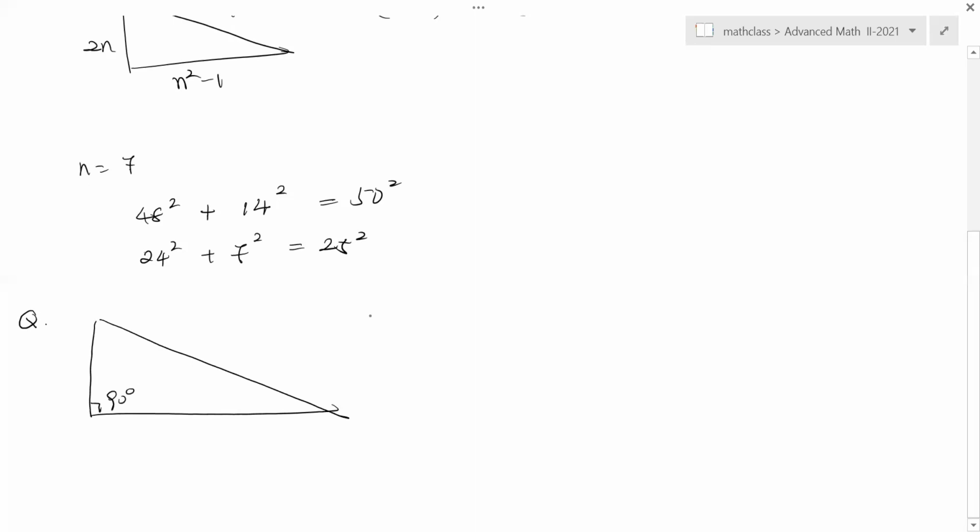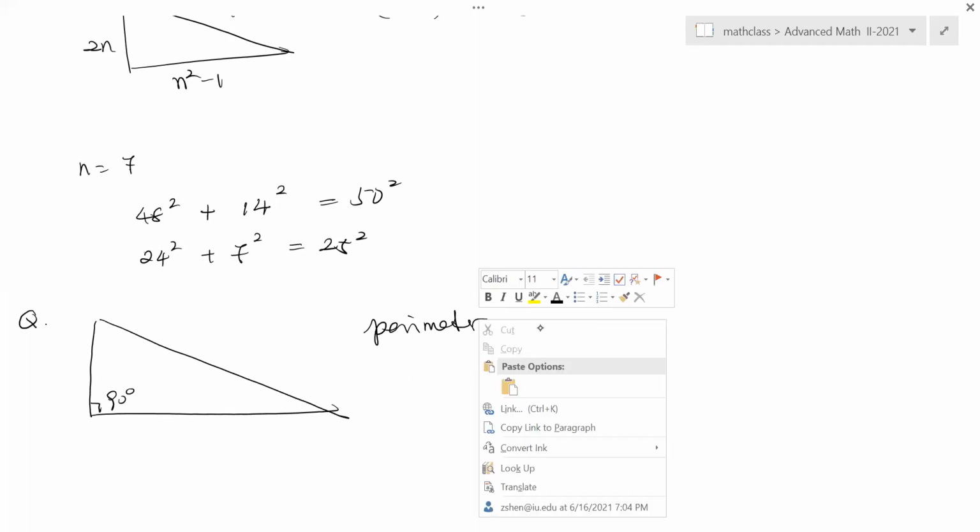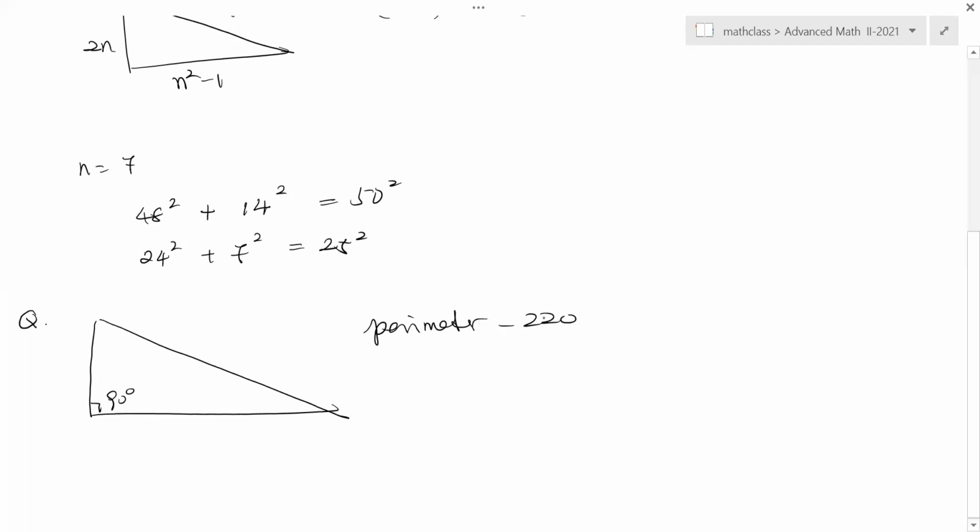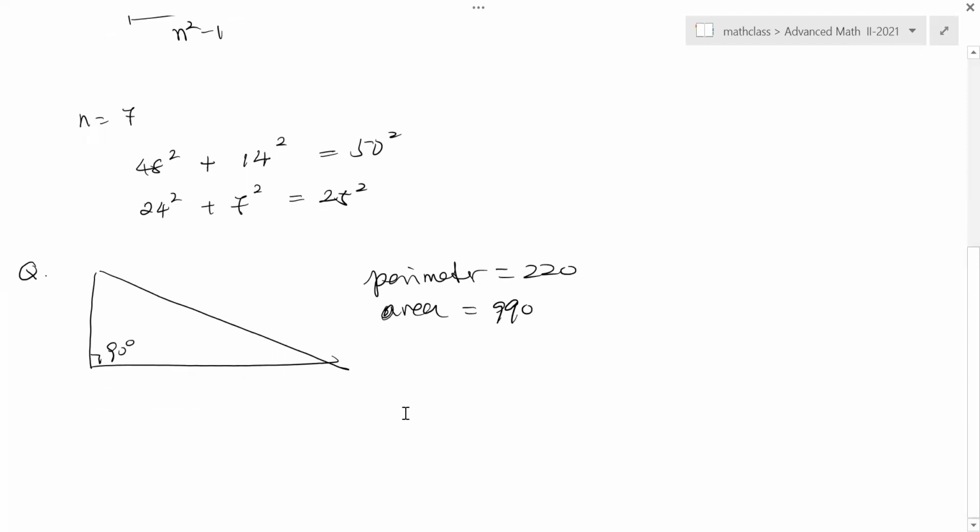And for this right triangle, I know the perimeter is 220, and the area is 990 square units. I want to find out the length of the hypotenuse.